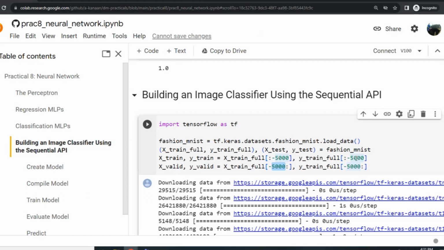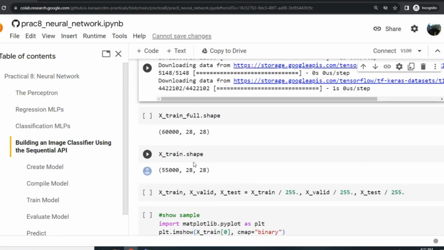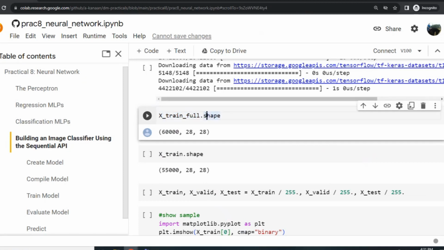And then the remaining is going to go for training. Actually, if you check the full training data set, it has 60,000 pictures. We have 60K pictures for all 10 classes of fashion clothing. So this is the first value here. How about the second two values, 28, 28? What does it mean?